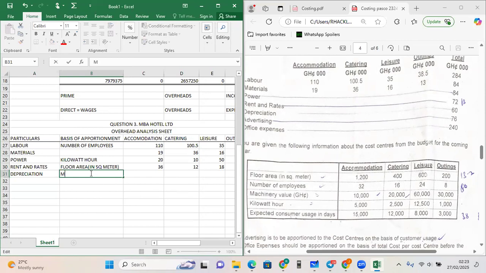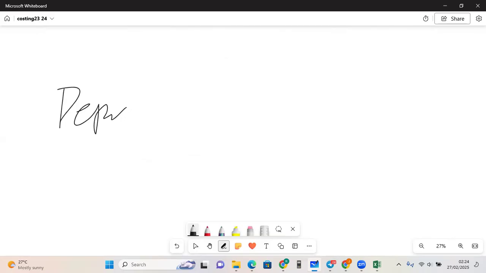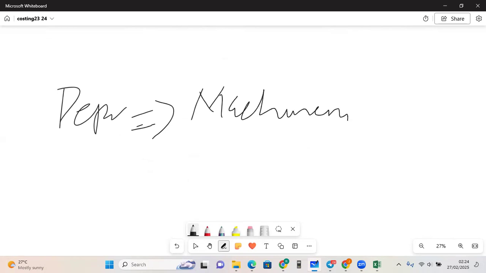So machinery value. Depreciation is based on machine value.